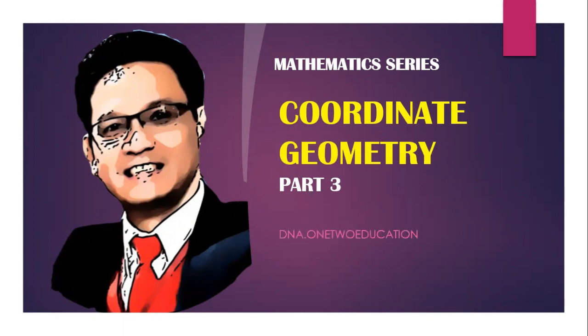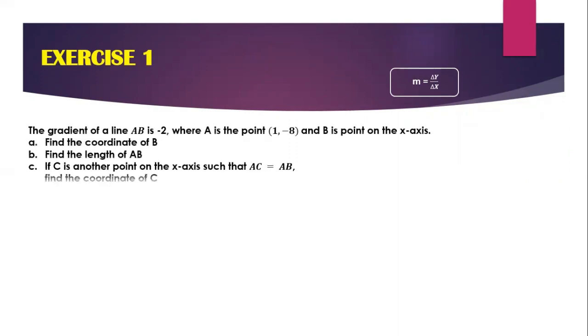Okay, students, directly go to question 1. The question is below. The gradient of a line AB is -2, where A is the point (1, -8), and B is a point on the x-axis.